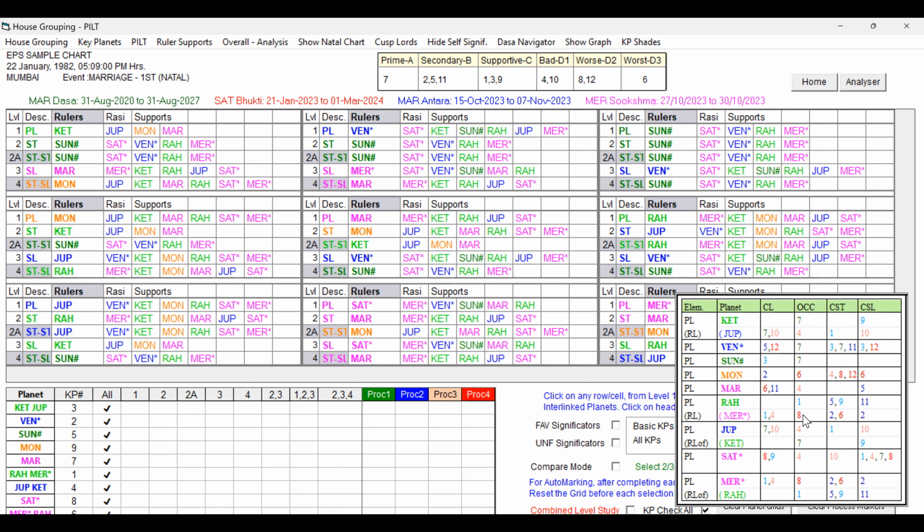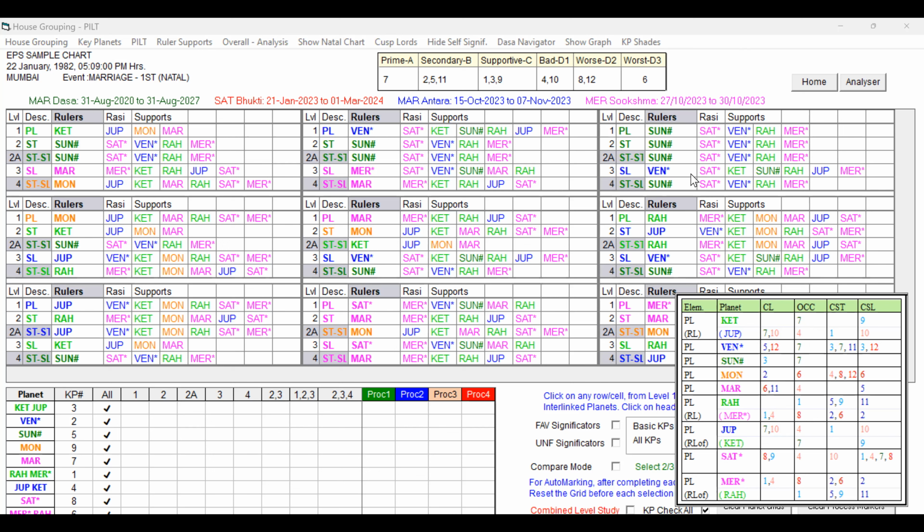Now you check the rulers of the destiny planet. Say, for example, for discussion purposes, we check Saturn. Check Saturn's rulers, how they are present, whether they are having the favorable key planets of the event or unfavorable ones. That we have to check, right?